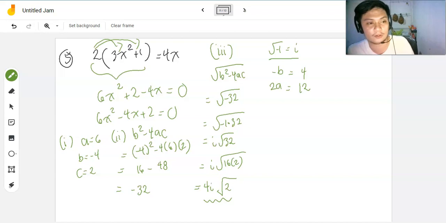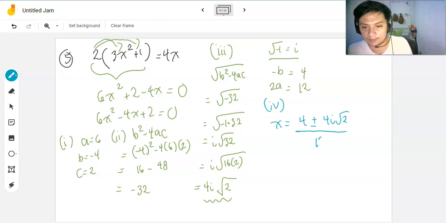And then plug in tayo for step 5. So, we have x equals negative of b, so 4, plus or minus the square root of the discriminant, which is 4i square root of 2, all over 2a, which is 12. At ayan, bilugan ko na agad yung 4, 4, at saka 12.